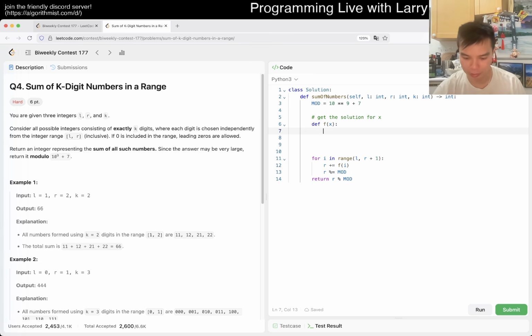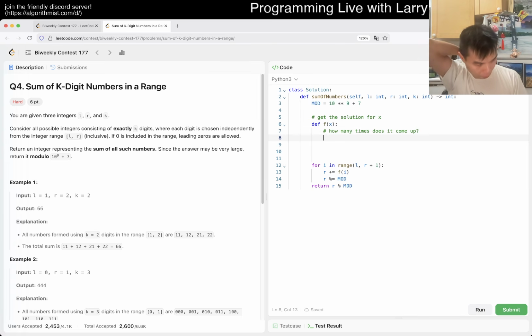Okay, so then now, how many times does it come up? So we have how many k digits? So k minus 1. That's the number of other digits, so we want a power of, what are we doing?